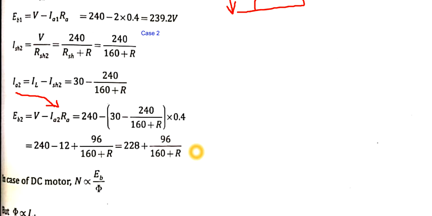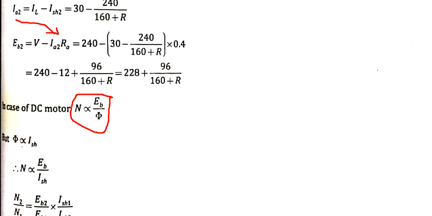Now the requirement is to determine this unknown resistance, and we all know there is a relationship with respect to speed, back EMF and flux. What is that? The back EMF is directly proportional to flux and speed, because EB is equal to phi ZNP by 60A. From that you can get this. Since the flux is proportional to the shunt field winding current, we can directly substitute ISH in place of phi, which is given here.